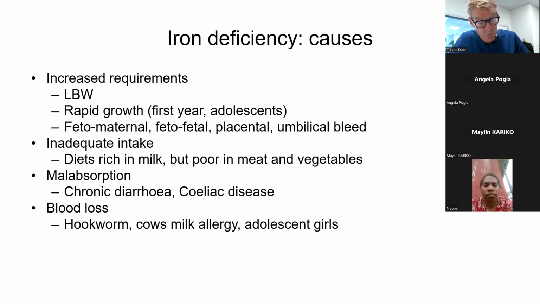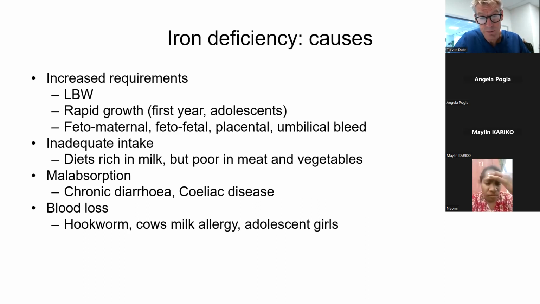The reason why preterm or low birth weight babies don't have as much iron in their body is because most of the iron crosses the placenta in the 3rd trimester. So if a baby's born late in the 2nd trimester or early in the 3rd trimester, most of the iron has not crossed the placenta and hasn't got into the fetus.